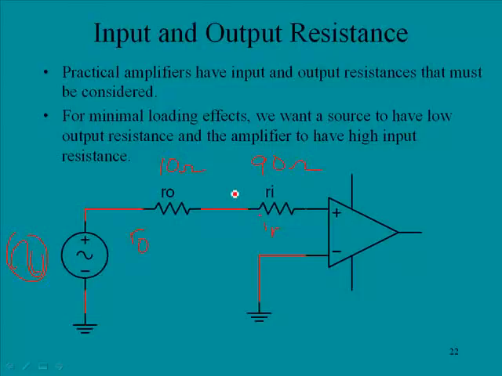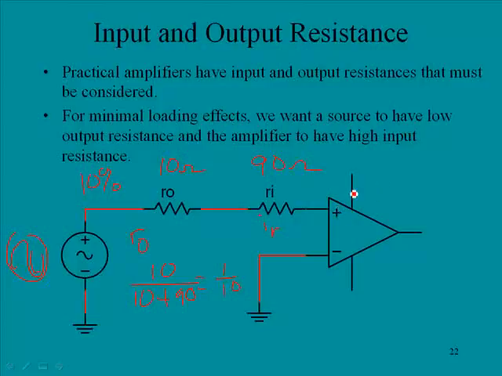If we did a voltage divider here, 10 over 10 plus 90, we would find that it is 1/10, or 10%. So in this scenario, 10% of the signal from our signal source would be dropped across the internal impedance of the signal source, and that would leave 90% that would actually get to our amplifier and get amplified.